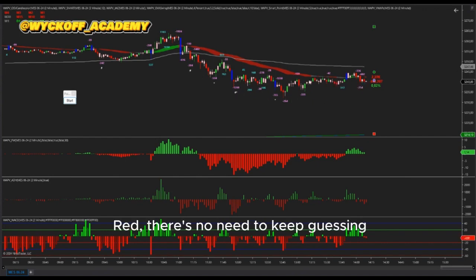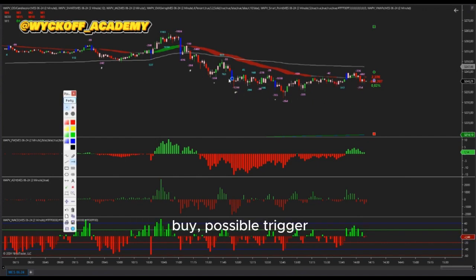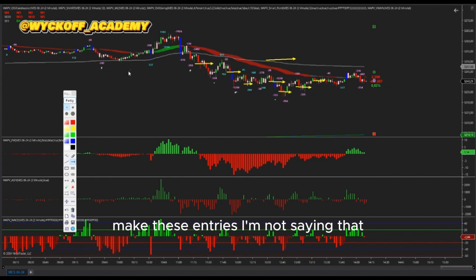So as I said, everything is down, everything is red. There's no need to keep guessing. By possible trigger, we have what we call aggressive here. The sales you had possible stop above the tracker or above the bar. I'm saying that you have to make these entries. I'm not saying that.